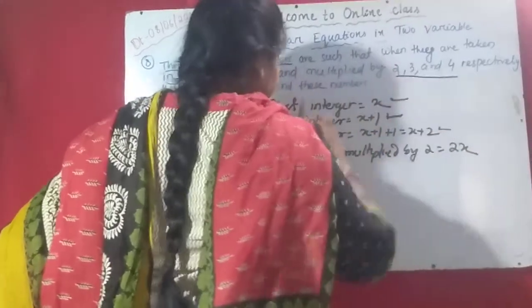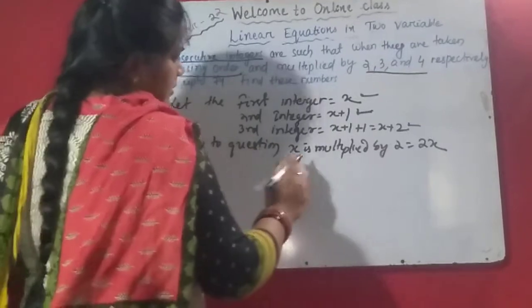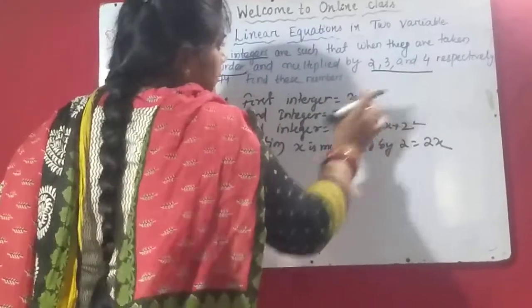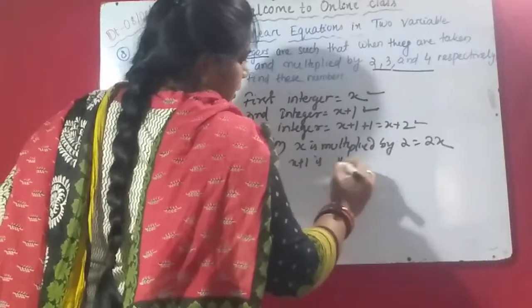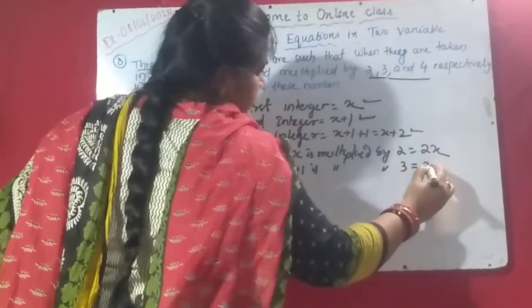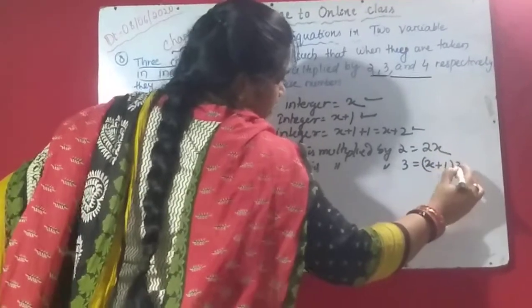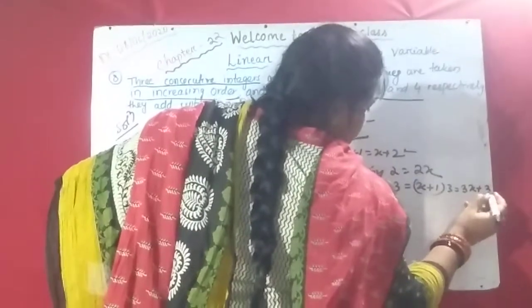The second integer, x plus 1, is multiplied by 3, that is 3x plus 3.